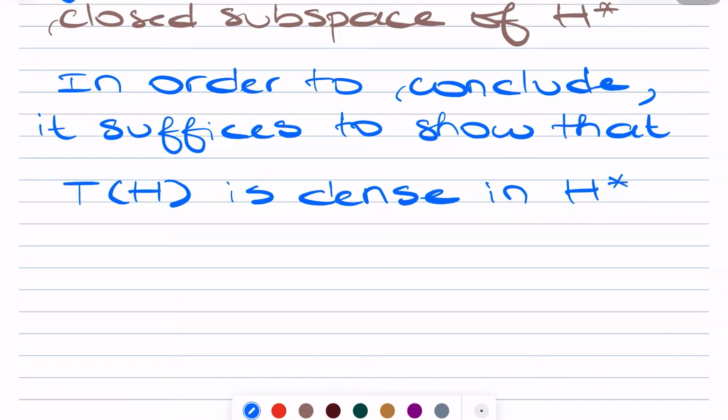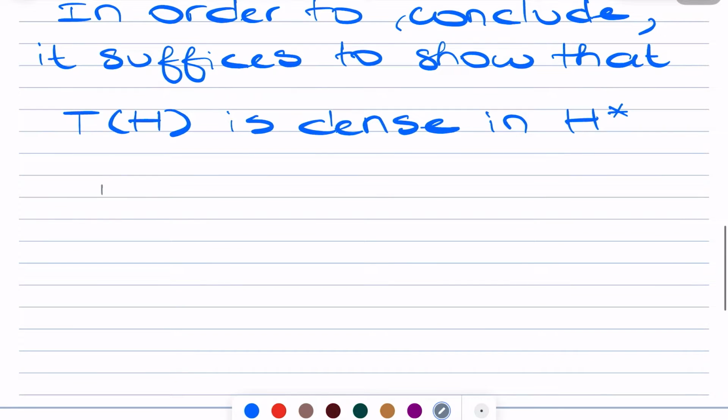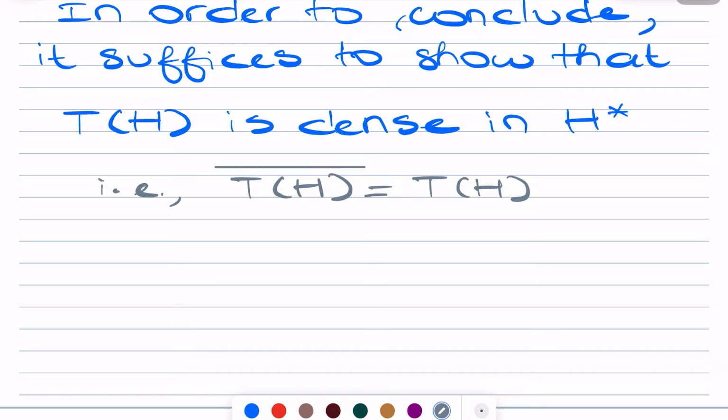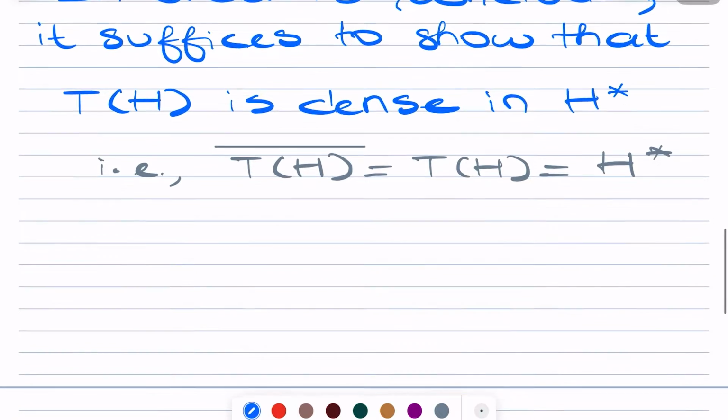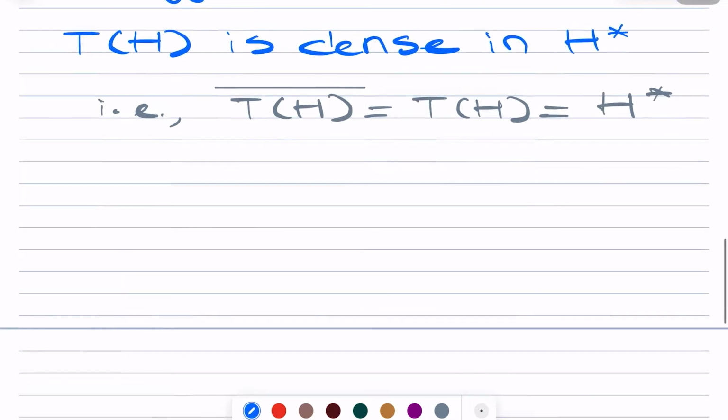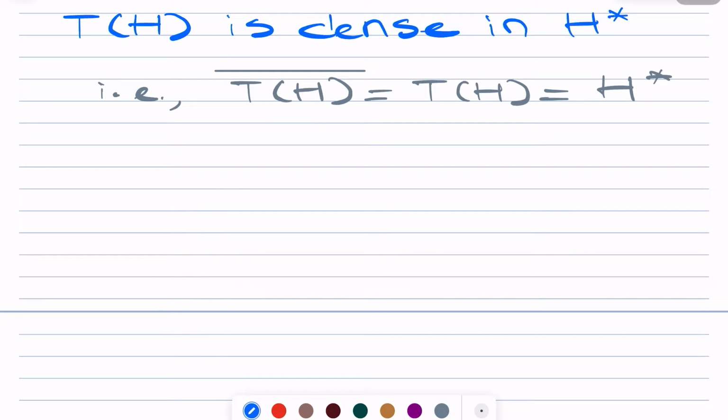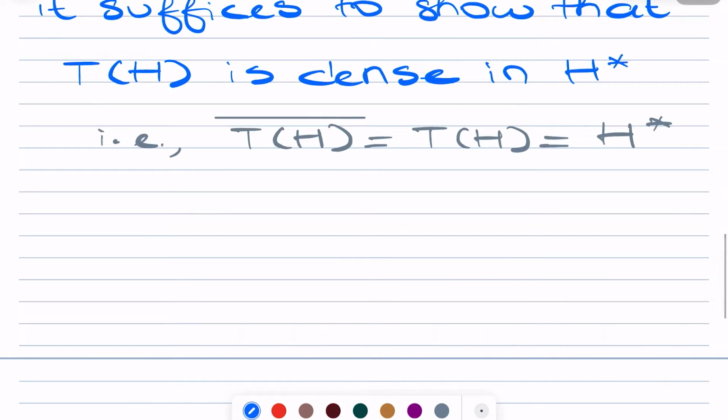So just recall, this means we want to show that the closure of T(H), which will again be T(H) because this is closed, equals H star. For that, we use our trick, and if you are following this channel you should be aware of this technique already to show that a set is dense in another space.